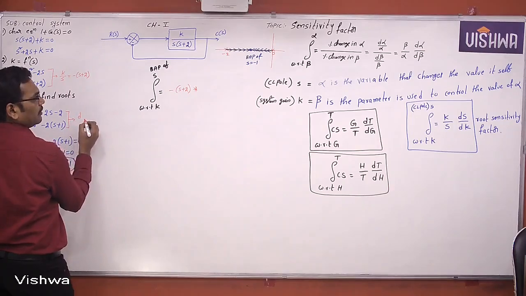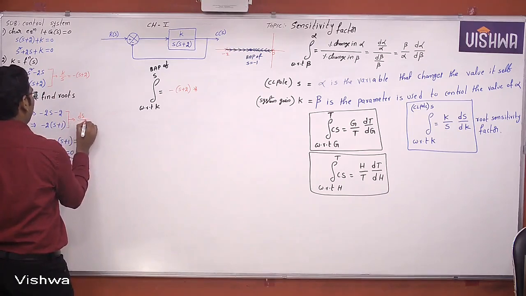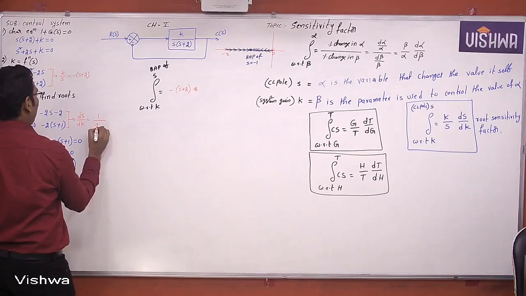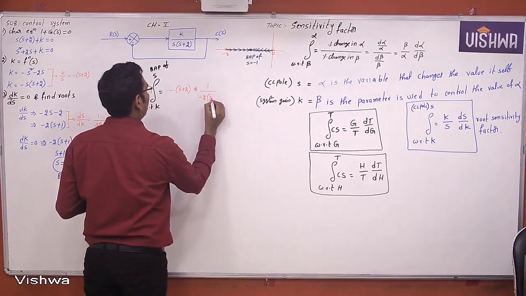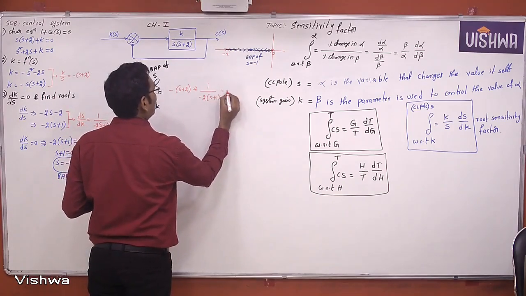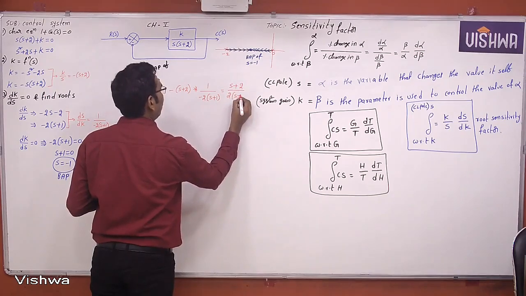We have dk by ds, therefore we can take the reverse: ds by dk equals 1 by minus 2 into s plus 1. So, 1 by minus 2 into s plus 1, which gives s plus 2 by 2 into s plus 1.